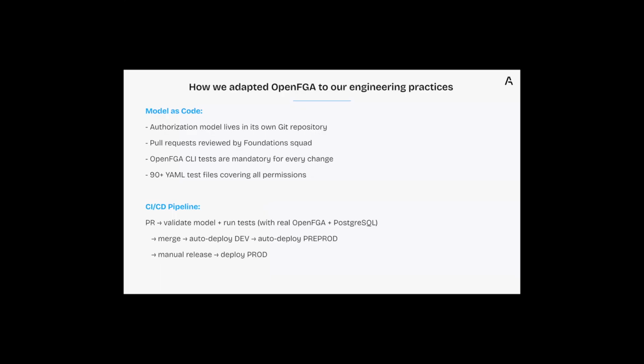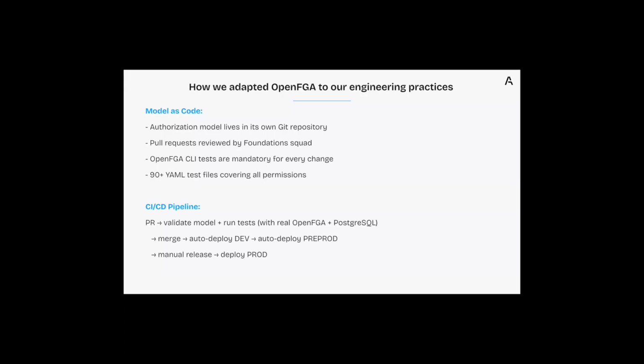So how did we adapt OpenFGA to our engineering practice? What's really important for us is that we treat the authorization model like any other code. It has its own repository, mandatory tests, a CI/CD pipeline, etc. Our model is the center of all of this. In our CI/CD pipeline, we generate type-safe constants, so teams never have to hardcode relation names as strings.